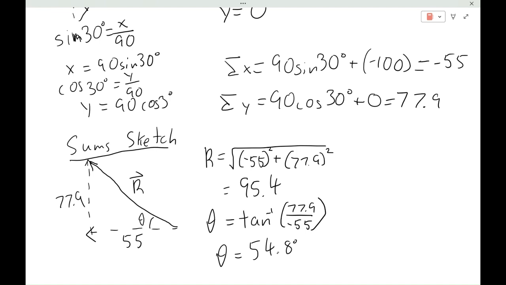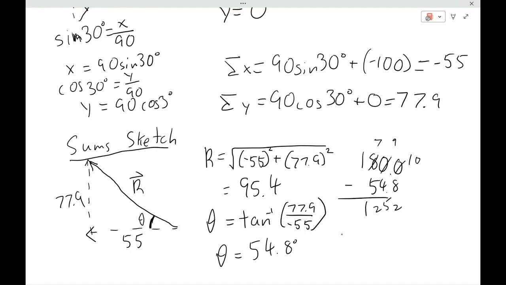However, this is just for the reference angle of the resultant. So we would have to do 180 minus this number so that we get it in the second quadrant. So we do 180 minus 54.8. Okay, so it'd be 125.2.